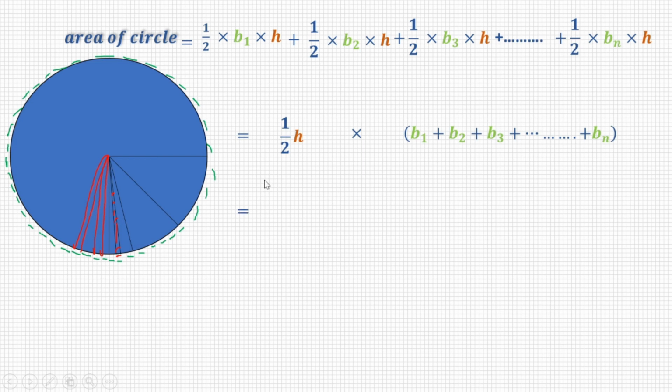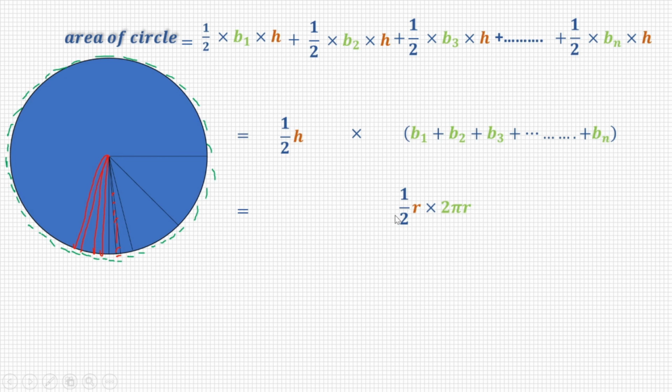So we can say that half H is actually half r. H, the height of the triangle, is the radius of the circle, and this is the circumference of the circle, and you know the circumference of the circle is 2 pi r.